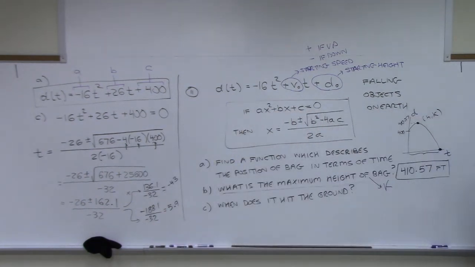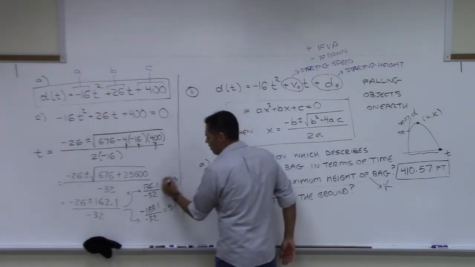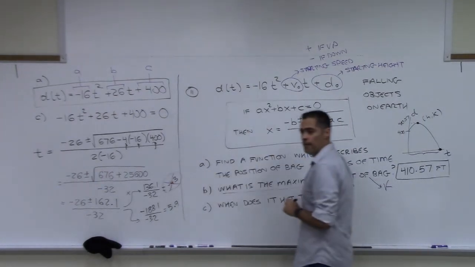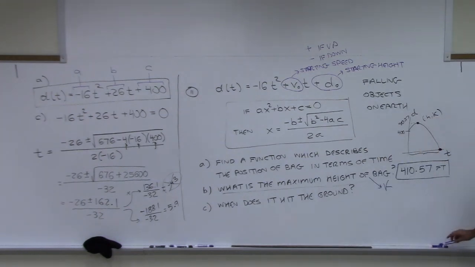Okay. So what's my answer then? I have two answers. When does it hit the ground? It's the 5.9. It's not the negative, because the negative is a negative time, and we're going to throw that answer out.